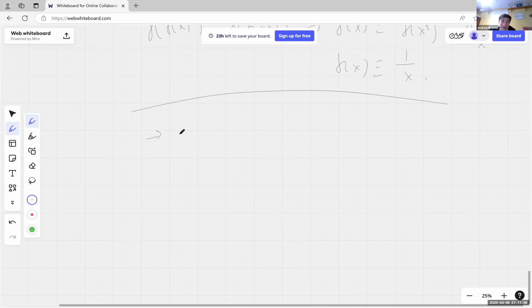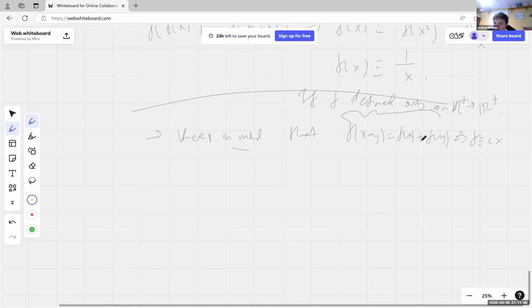The first is to keep in mind that f(x+y) = f(x) + f(y), if f is defined only on R+ to R+, implies linearity.